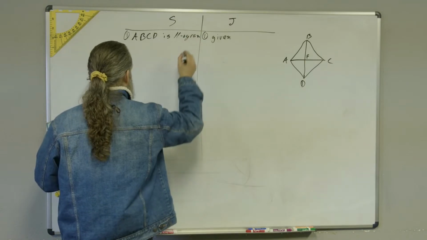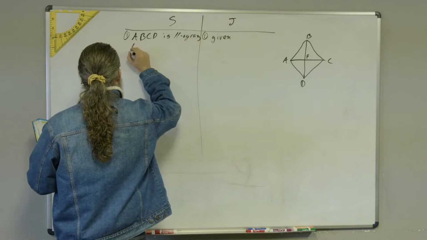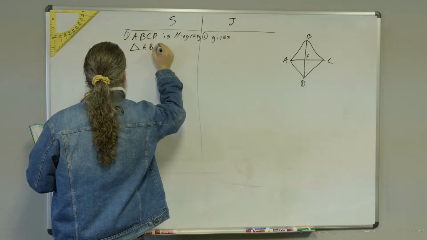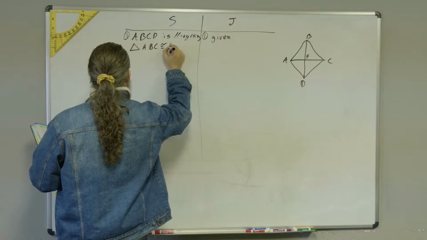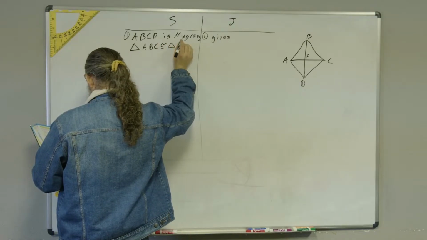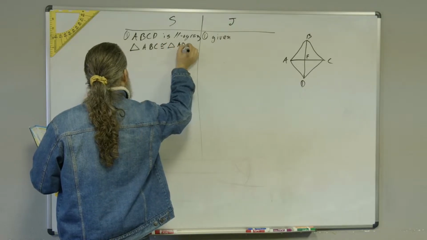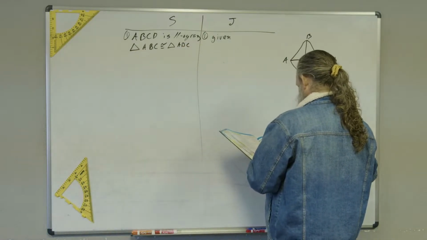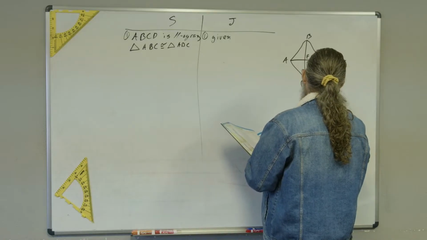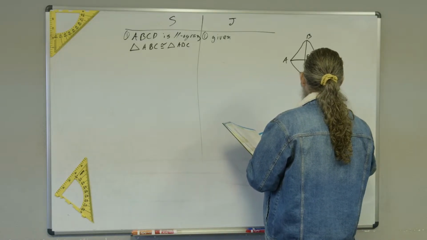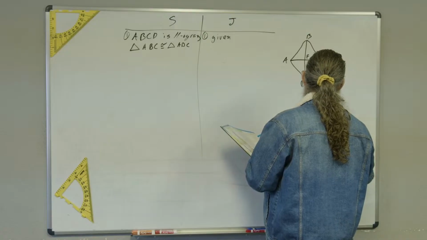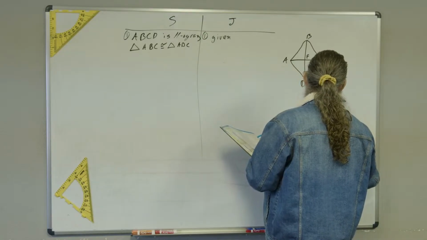And interesting, triangle ABC is congruent to triangle ADC, and we are expected to prove that ABCD is a rhombus.